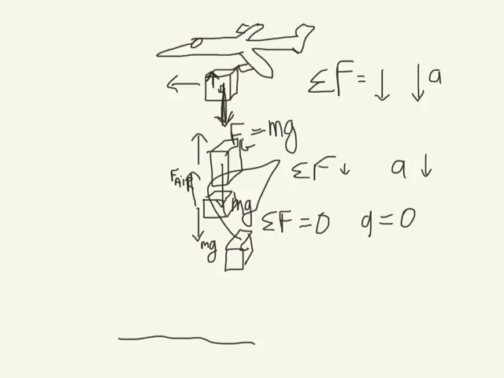So the parachute comes out, and I tell you what, that's going to significantly increase the force of drag from the air. So all the air just goes into the parachute, and suddenly the air resistance force is very high, and the gravitational force is the same old mg vector.